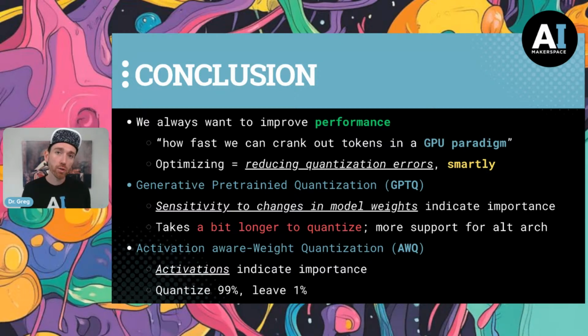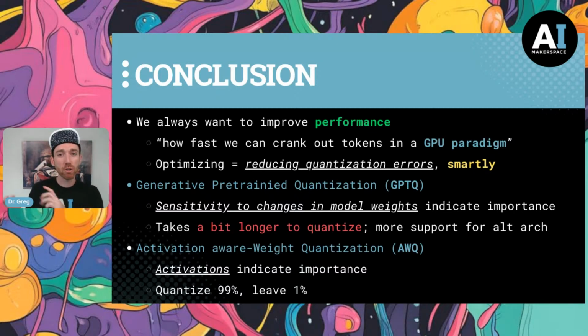And when we're doing that, we're talking about optimizing inference through quantization. We're talking about reducing the errors, number one, that come from quantization, but doing so in a smart way.